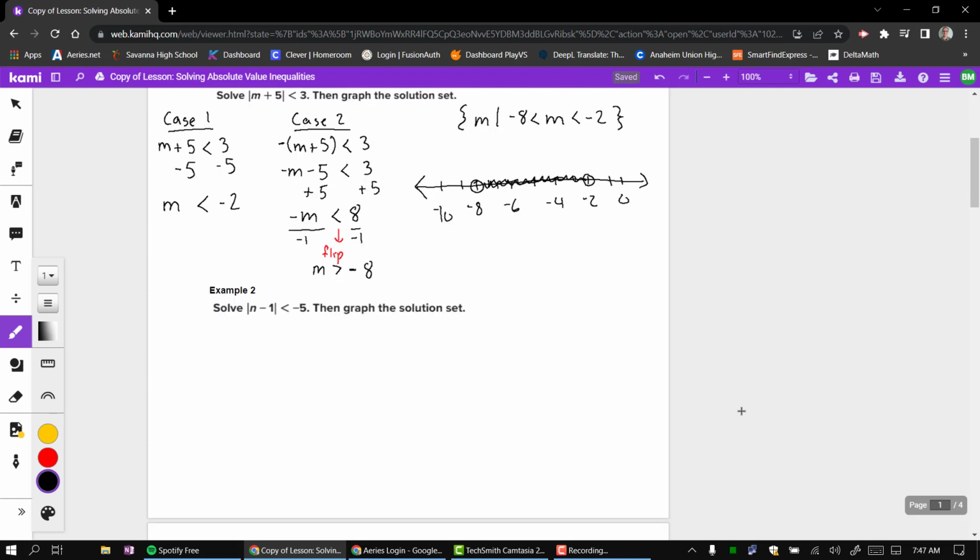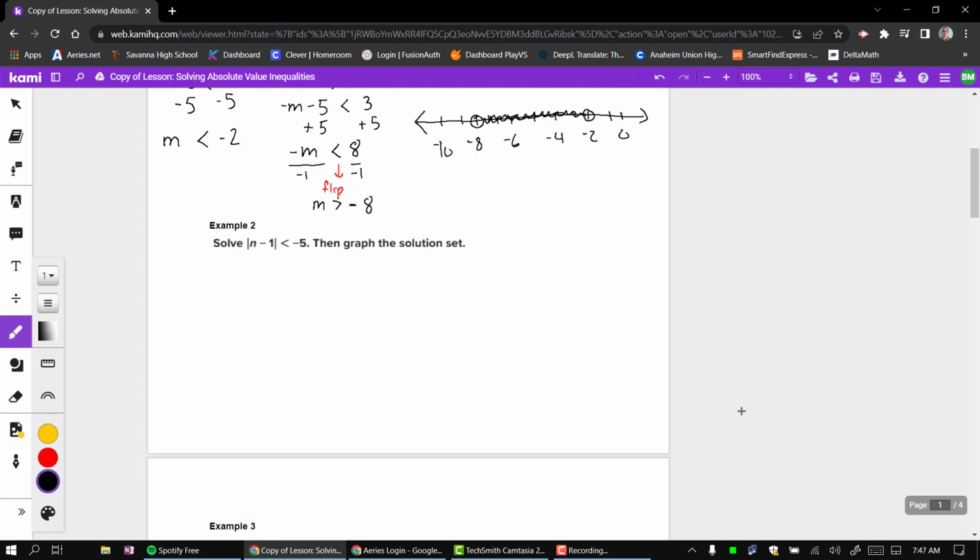Let's take a look at example 2. Again, this is very similar to what we did with compounds. We're going to have two cases, and then we're going to solve it out. So here it says solve the absolute value of n minus 1 is going to be less than negative 5. Then graph the solution set. So we have an issue here, less than negative 5.